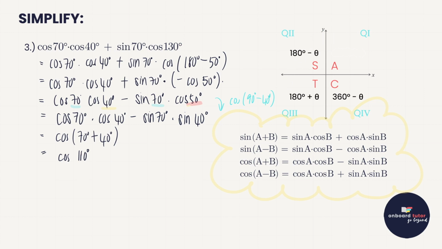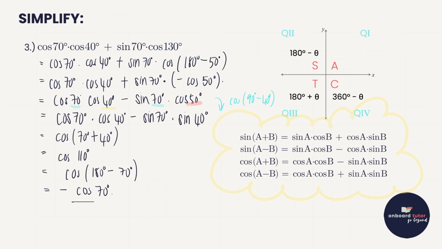So we're going to rewrite that as a second quadrant thing. So cos of 180 minus 70 gives us that 110 degrees there. And then cos in the second quadrant, sine is positive, so cos is negative. This then simplifies to minus cos of 70 degrees.